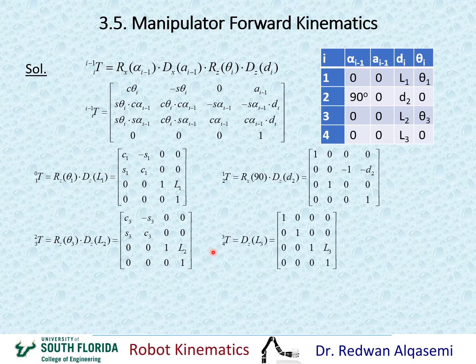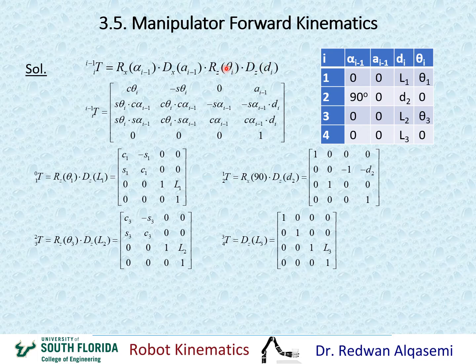Now for T34, the transformation from frame 3 to frame 4, if you look here, I have the first two values for this fourth line as zeros, and the fourth value is 0, and the only thing I have is L3 for the d. So that means this will be identity, this will be identity, and this will be identity.